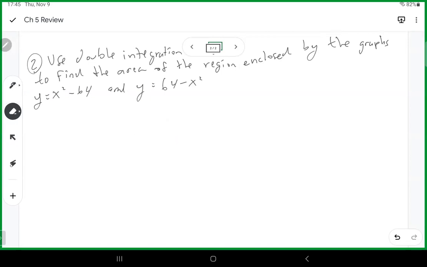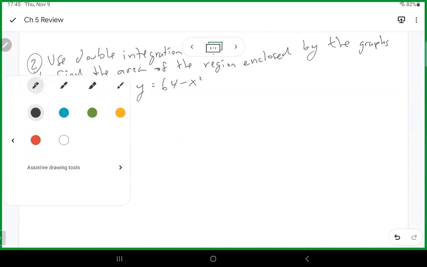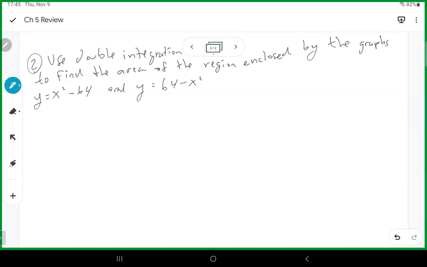Again, they want the fraction, not the decimal. So let's take a look at what that looks like.